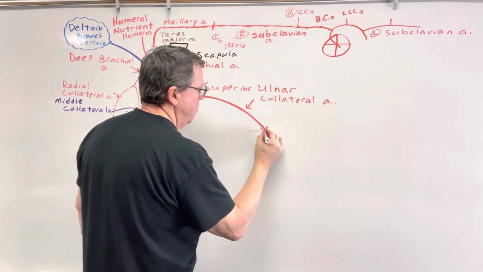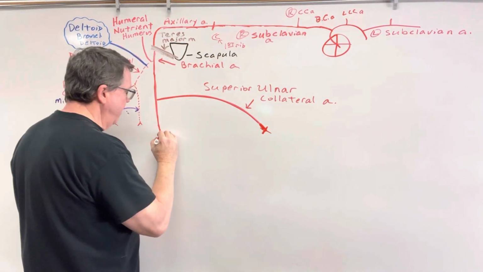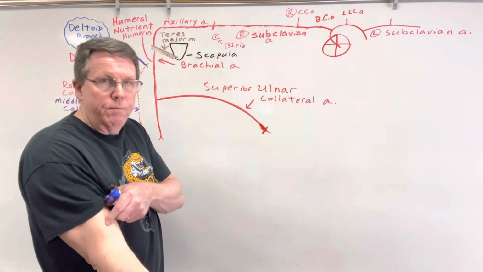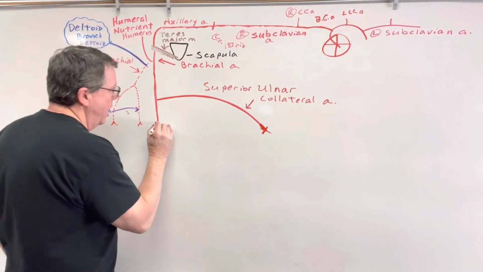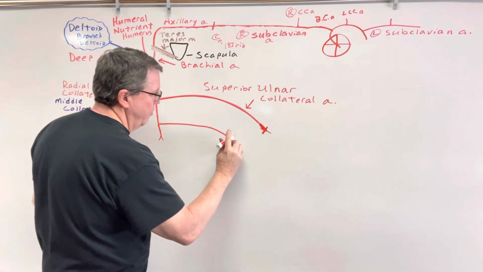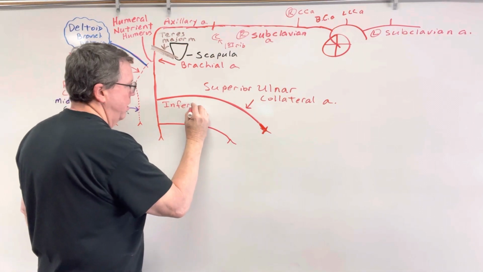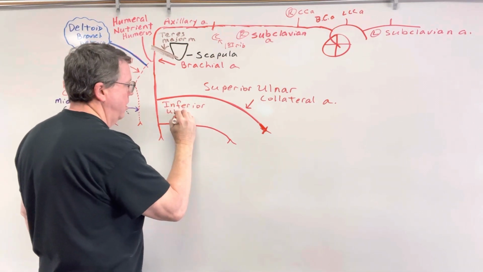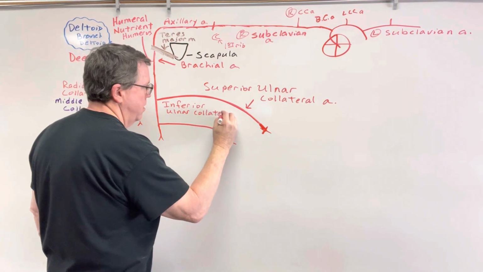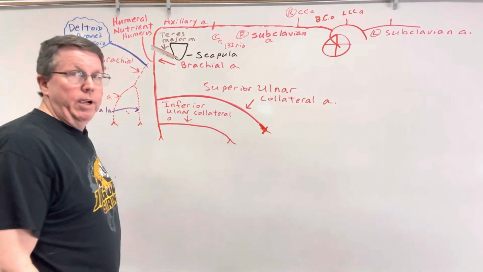And then what's going to happen is when I'm about 5 centimeters above the elbow, so about 2 inches above the elbow, I'm going to have another artery come off of here, and we are going to call this the inferior ulnar collateral artery. Okay, and that's going to be this right here.